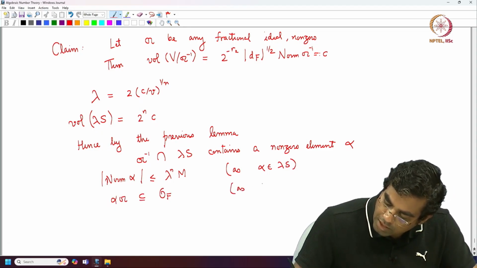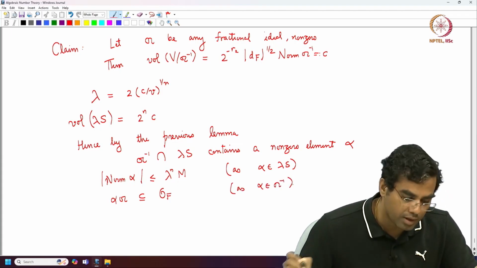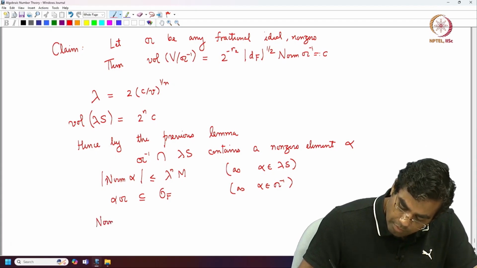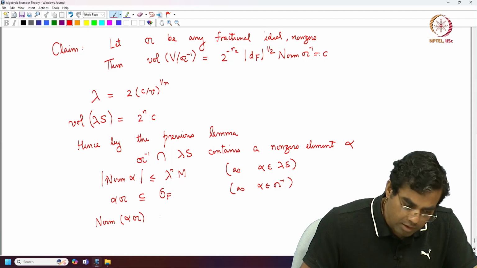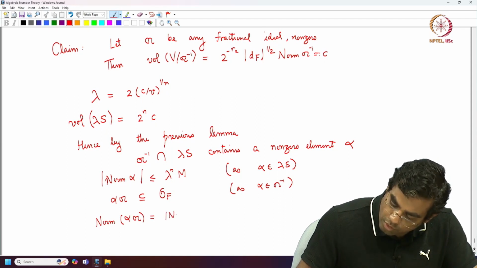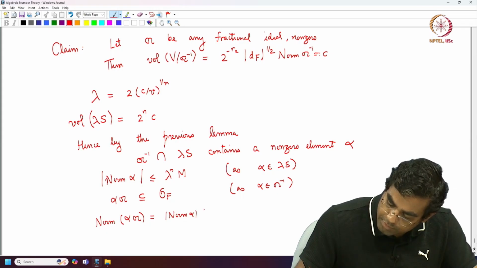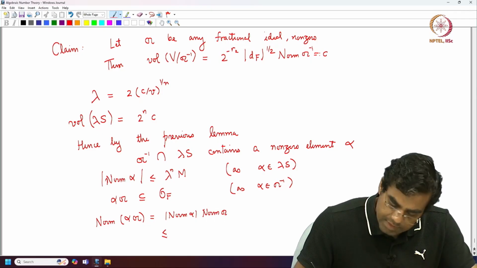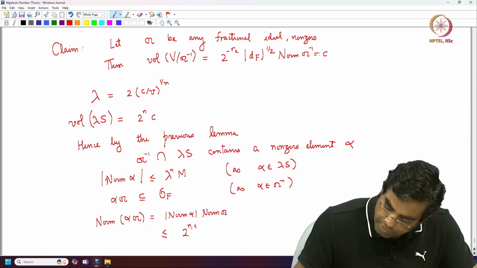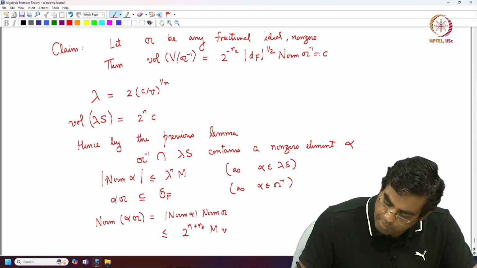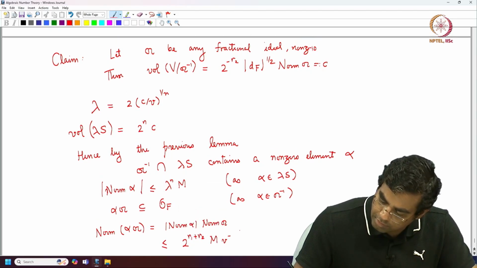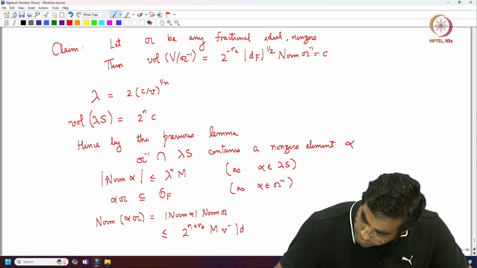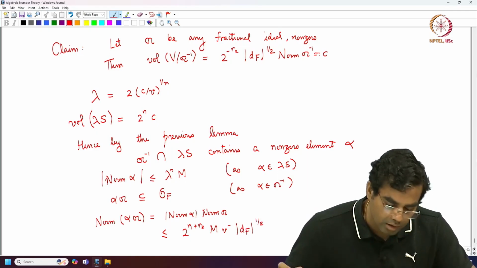This is because alpha belongs to A inverse, and that is the reason why we are doing this. And so, if you take the norm of alpha times A, this is equal to the norm of alpha times the norm of A, which is less than or equal to 2 to the power r_1 plus r_2 times M times V inverse times the discriminant of F to the half.